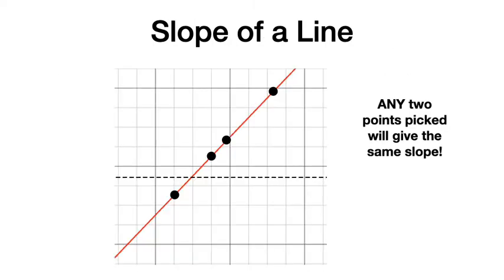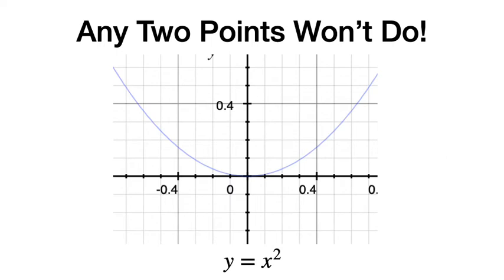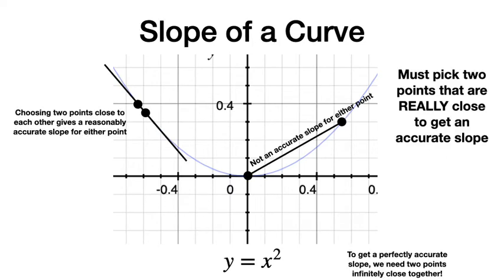So again, on a line, we could pick any 2 points we want, and they'll all give me the same slope. Okay? However, if I go to a graph, just any 2 points won't do. Now, I could pick 2 points that are really close together, right?